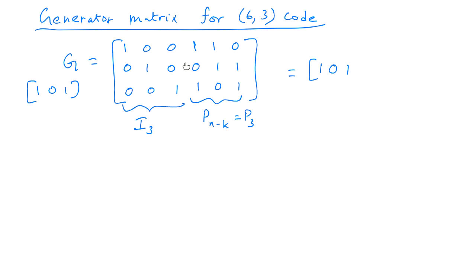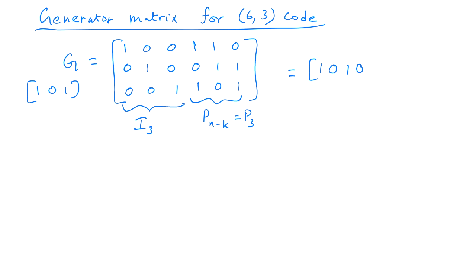That will give you the parity bits. So 1 into 1 is 1, 0 into 0 is 0, 1 into 1 is 1. So 1 plus 1 is 2, 2 modulo 2 is 0. So the first parity bit that you will get is 0.